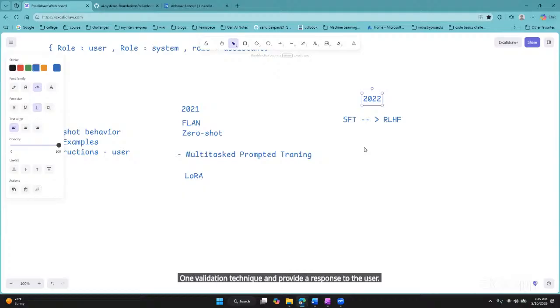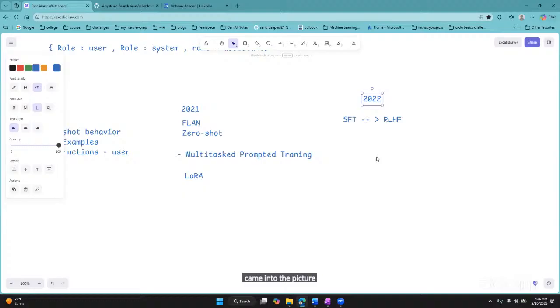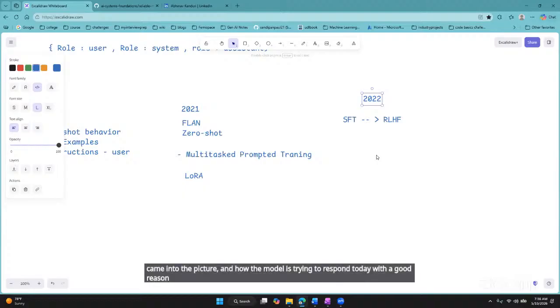So they achieved something with respect to fine-tuning in a progressive way. From 2022 to 2026, several other concepts came into the picture, and how the model responds today with good reasoning has slowly improved with different techniques.